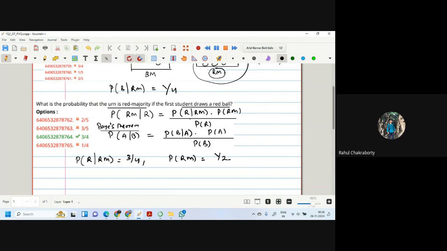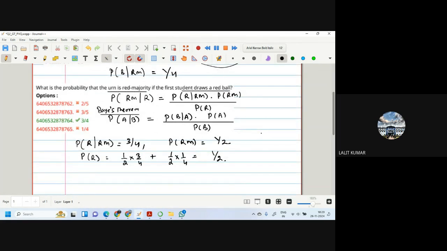And probability of red is half into 3 by 4 plus half into 1 by 4. This is the total probability of red, getting red from either of the two.